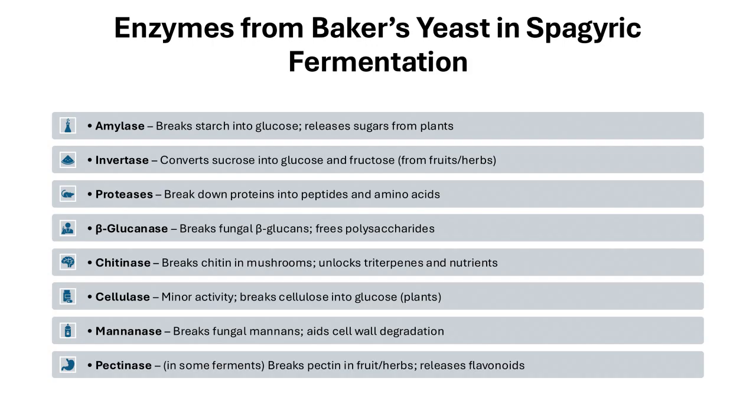But the spagyrics method is a little bit different, and it's really interesting because what they would do is use a yeast and sugar, depending on the plant, obviously, because there are all different sugar contents. Practice makes perfect, I suppose. Instead of working on ways to disrupt the cellular membrane, they'd literally just eat it with the yeast, and that would actually release all of the chemicals inside of it.